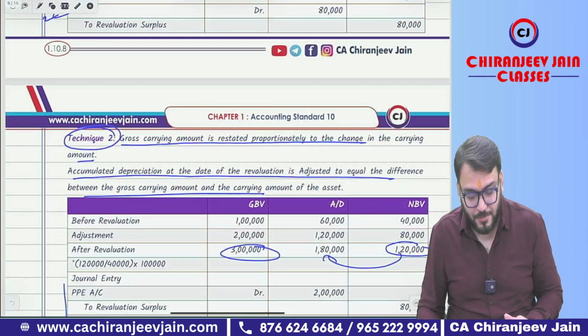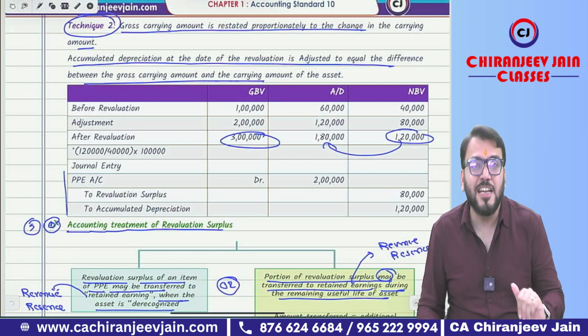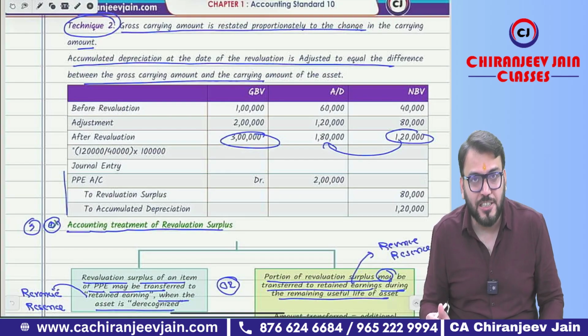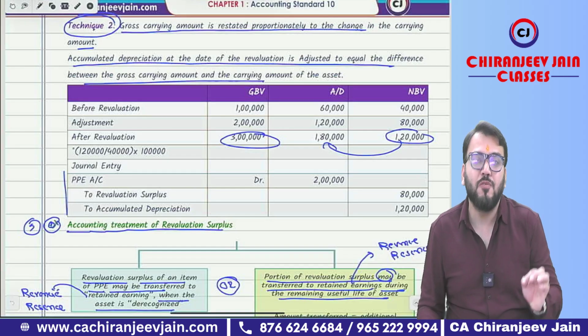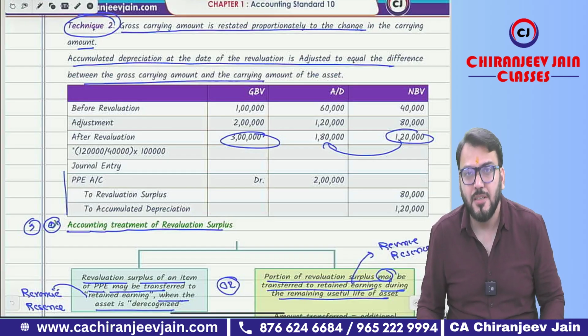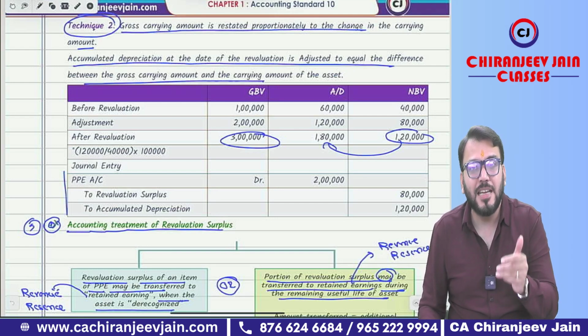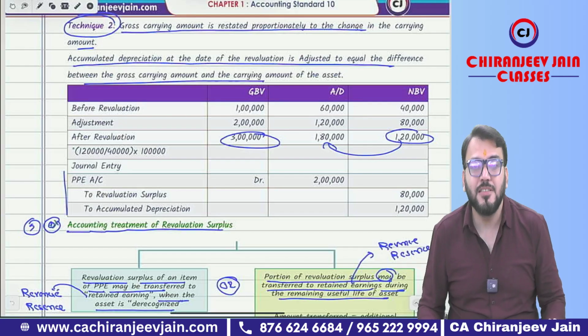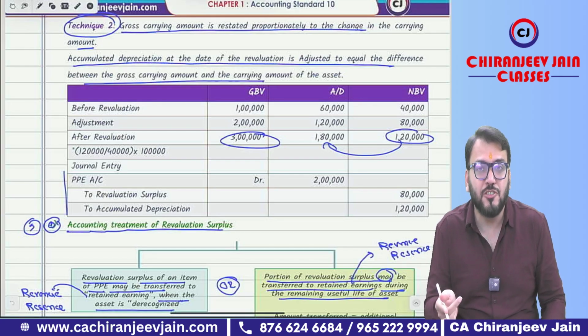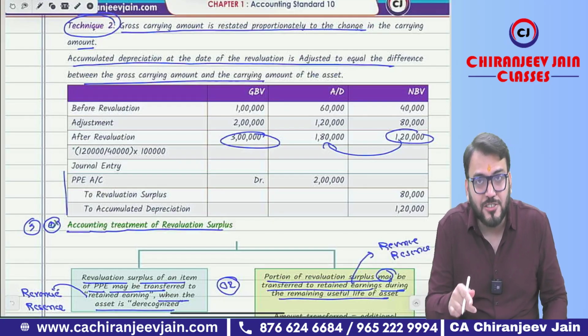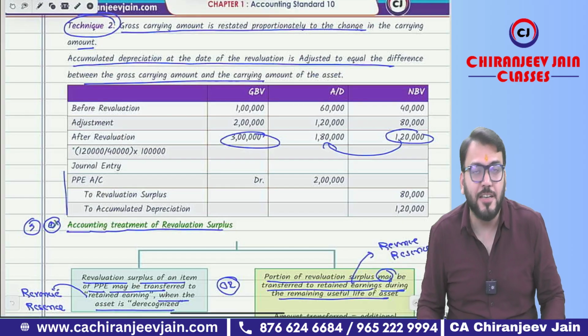Okay. Technique number two, gross carrying amount will be restated proportionately to the change in the carrying amount. In that case, first we'll find out the surplus percentage. Surplus means any changes; we'll compare the carrying amount with the fair value. That will be the surplus. We'll find out surplus percentage, and by that percentage we restate the gross carrying amount as well as accumulated depreciation.